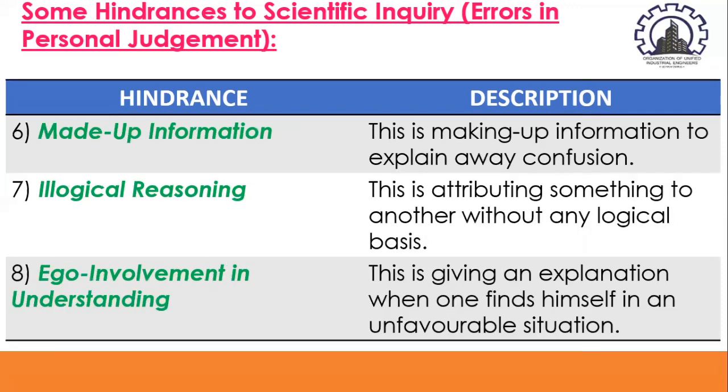Another hindrance to scientific inquiry is called made up information. This is making up information to explain away confusion. Supposing a buyer buys goods worth 50 pesos from a store and gives the storekeeper a 100 peso bill.